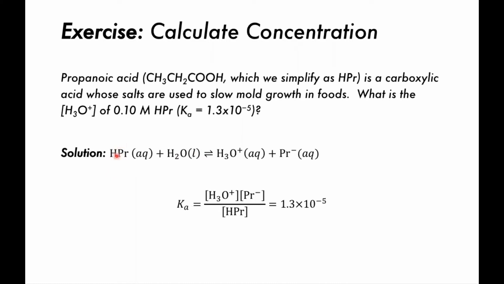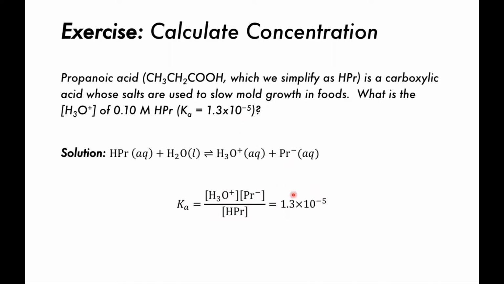Propanoic acid will dissociate whenever it is dissolved in water, which will give hydronium ions and propanoate ions. So Ka is equal to the concentration of hydronium times the concentration of propanoate over the concentration of propanoic acid, which is equal to 1.3 times 10 to the minus 5. That is given to us in this equation.